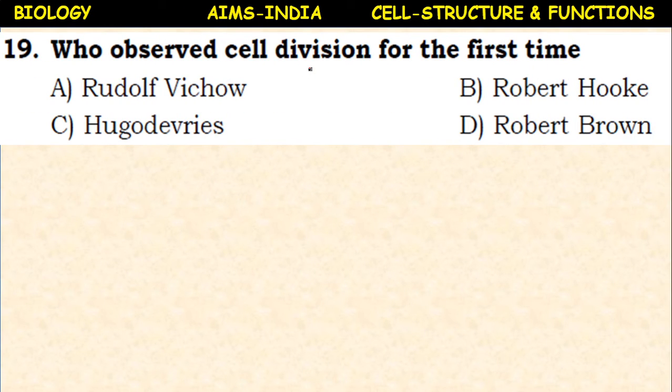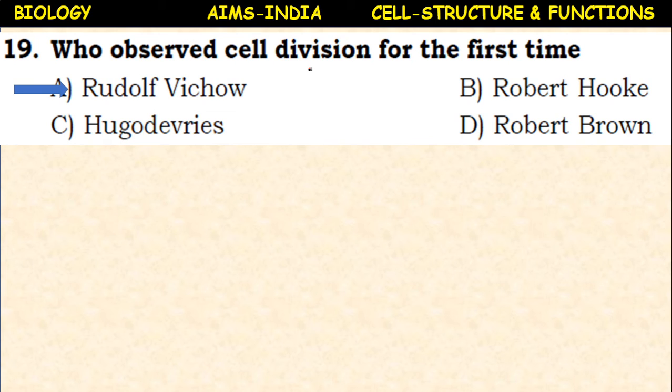Next, who observed cell division for the first time? Rudolf Virchow, Robert Hooke, Hugo de Vries, Robert Brown. Here different scientists are given. Robert Brown discovered the nucleus. Hugo de Vries proposed the mutation theory. Robert Hooke discovered the cell, and it was Rudolf Virchow who studied cell division and stated that new cells are formed from already existing cells.